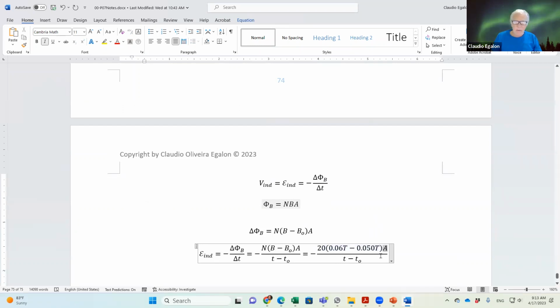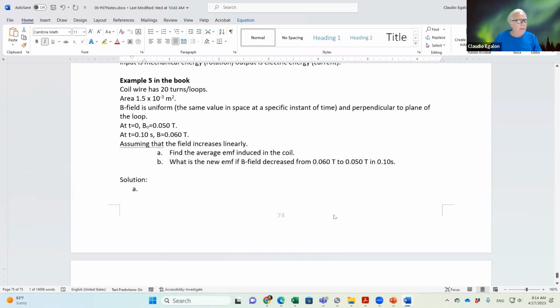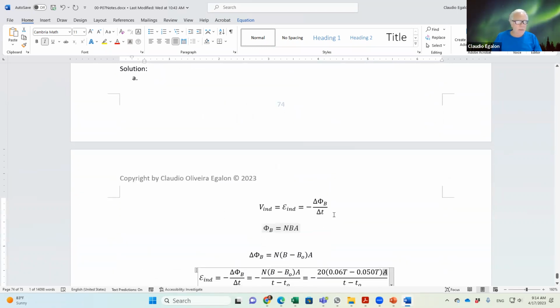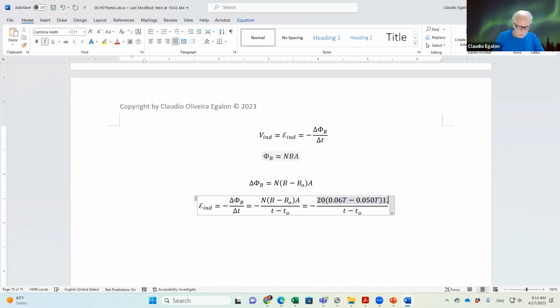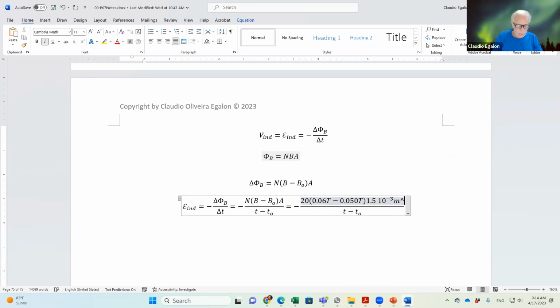The area doesn't change in this specific case. The area is 1.5 times 10 to minus 3 square meters.